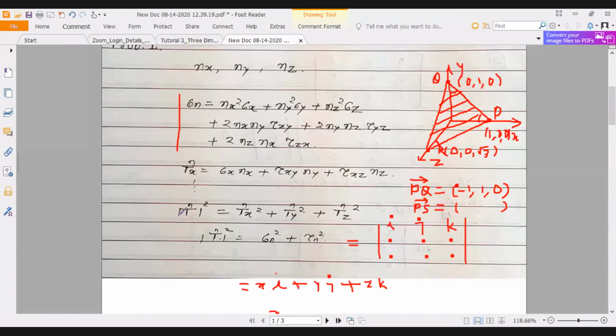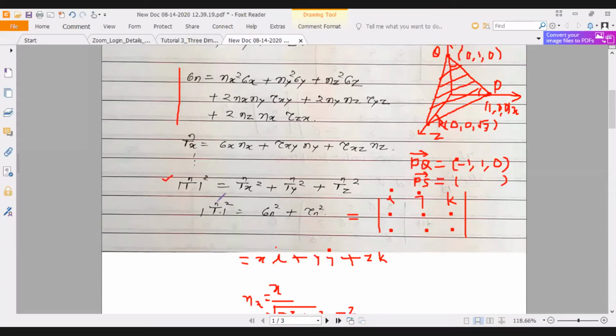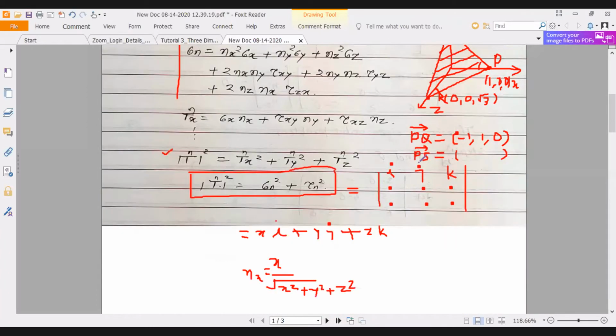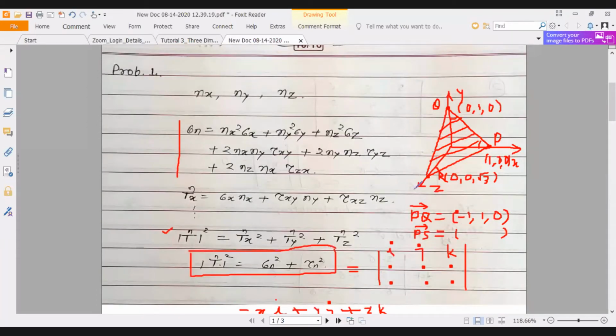After that you calculate the resultant of these tractions using the formula, and then the shear stress is calculated using this relation, as we have done. So it is very straightforward. The tricky part of this question is to calculate nx, ny and nz, and this is the very basic part of vector calculus.